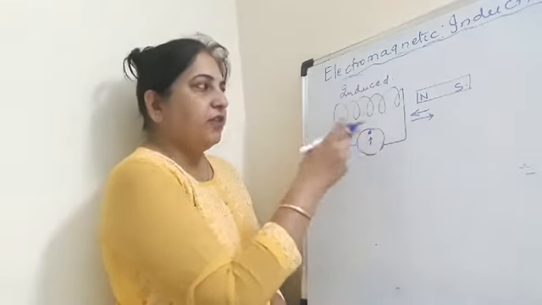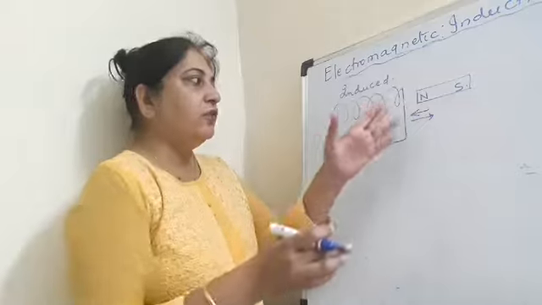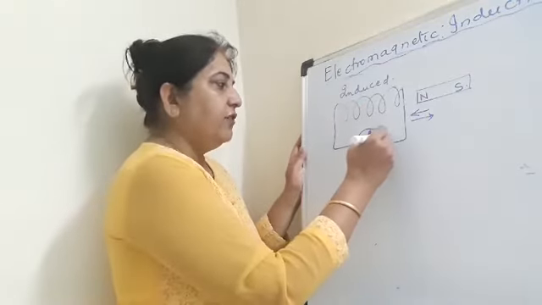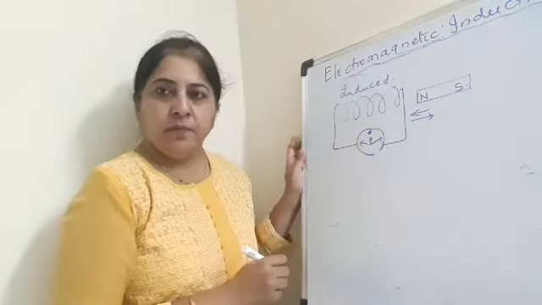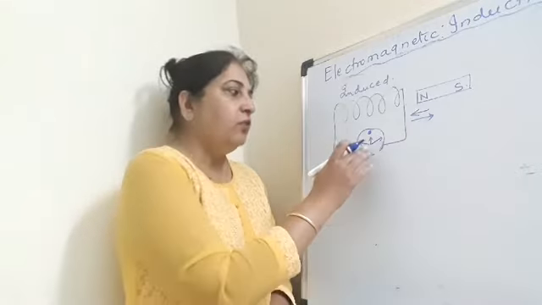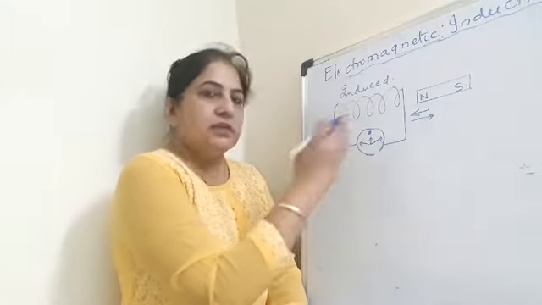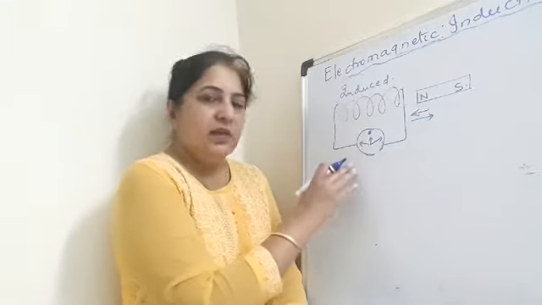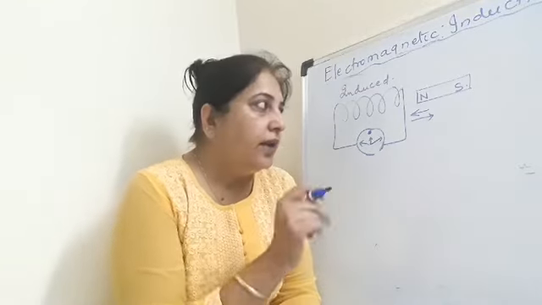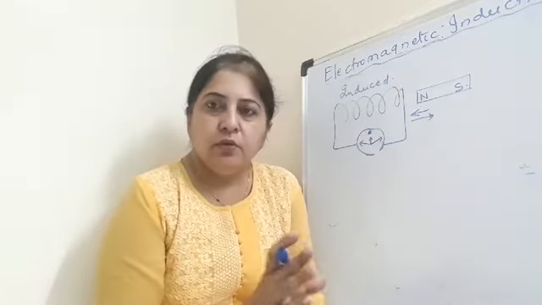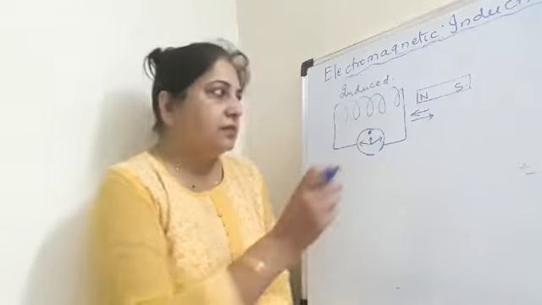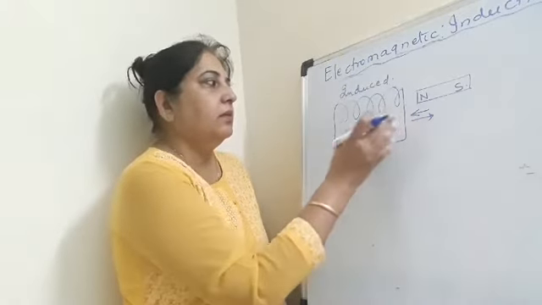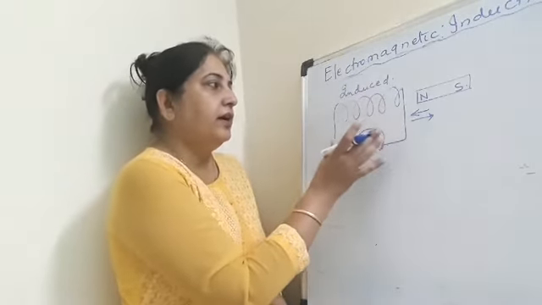And when there is a current flowing in the coil, there is a deflection in the galvanometer. The galvanometer has two scales, on both sides of 0, the right side as well as the left side. Now, today I want to tell you two factors based on this induced current.